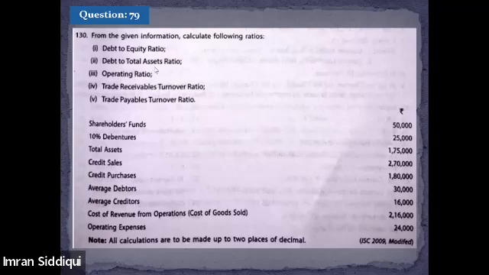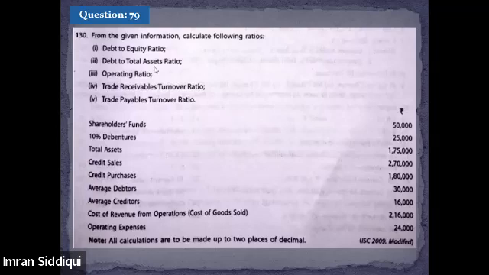92.3%. Could you tell me the formula you applied to find the operating ratio? Operating cost divided by net sales into 100. Okay, please tell me the value of the net sales. 2,70,000.